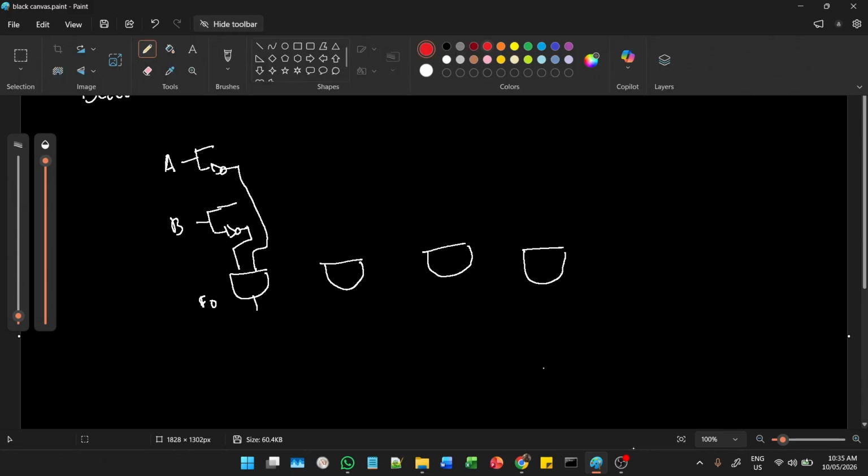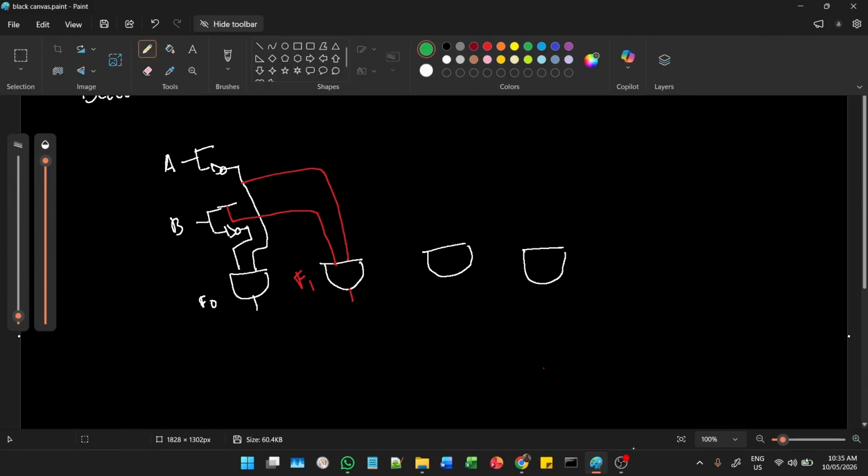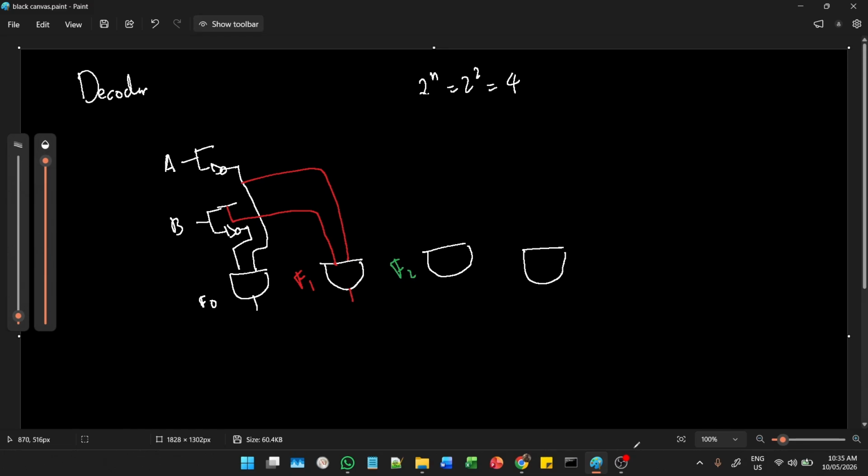Let me use a new color for F1. F1 is, remember, A is 0, B is 1. So what I do is connect this and I connect this. Now let me pick another color for F2. F2, remember, B is 0 and A is 1. So I'll connect this, and connect this.